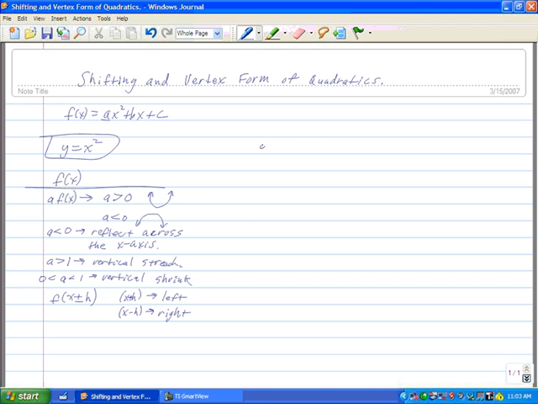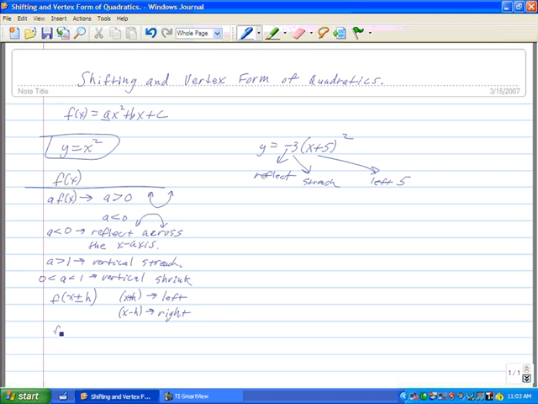In other words, if you had y equaling a negative 3 times an x plus 5 quantity squared, here's what's going to happen. The negative is going to reflect. The 3 is going to be a stretch. And the plus 5 will not go right 5, but left 5. Again, inside it does the opposite of what you're going to think it's going to do.